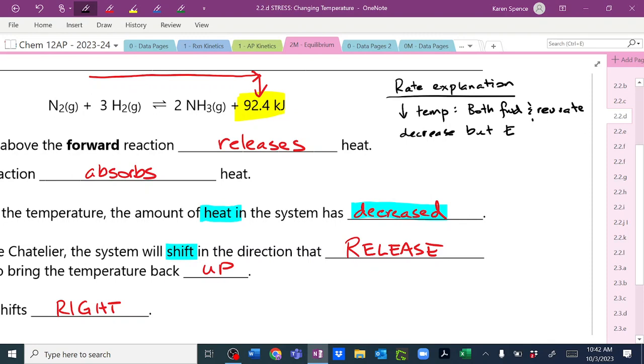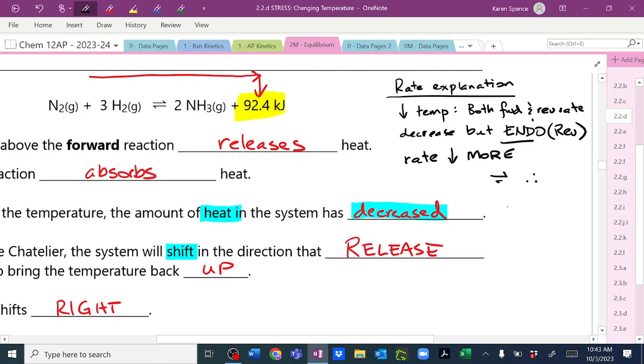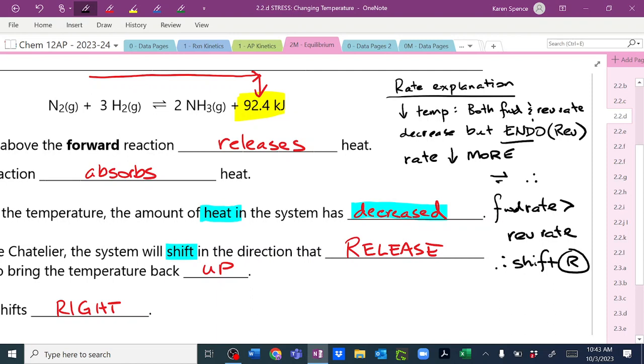Okay, good question. Yes, that's without all the wordy words. That's just bare bones. Okay?